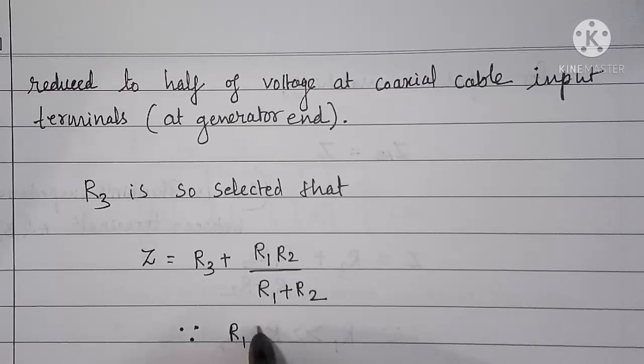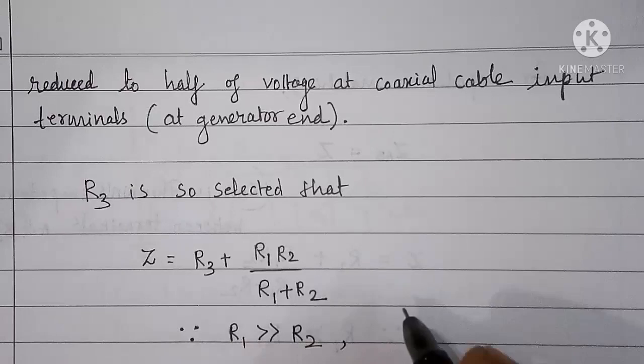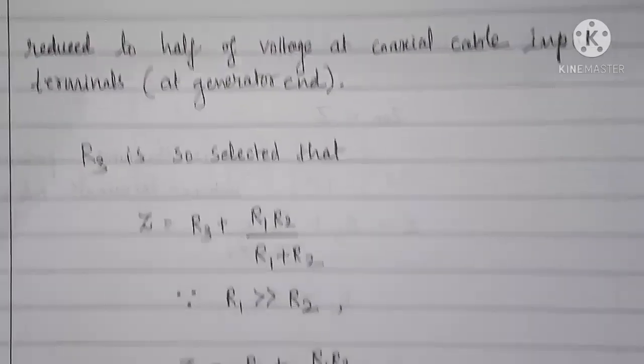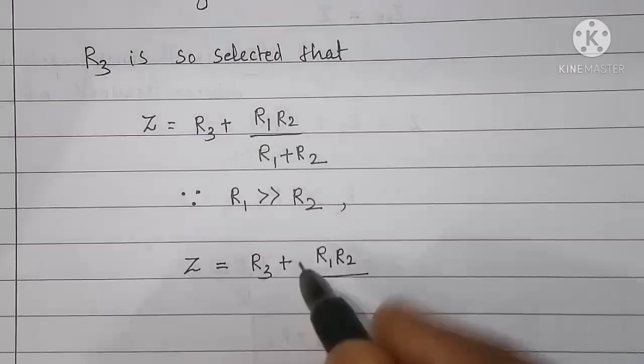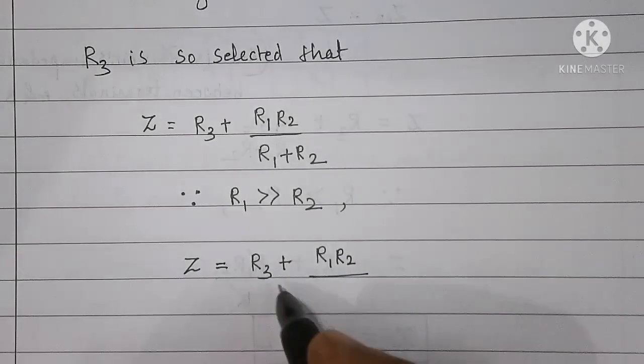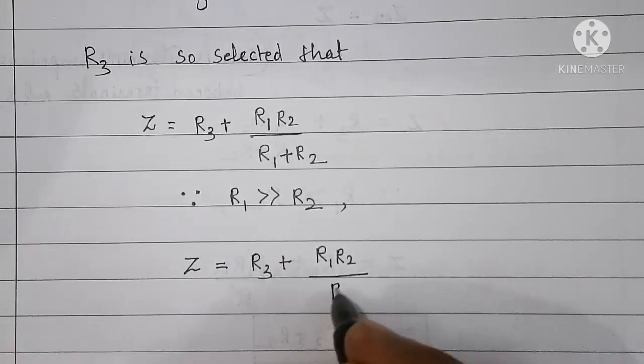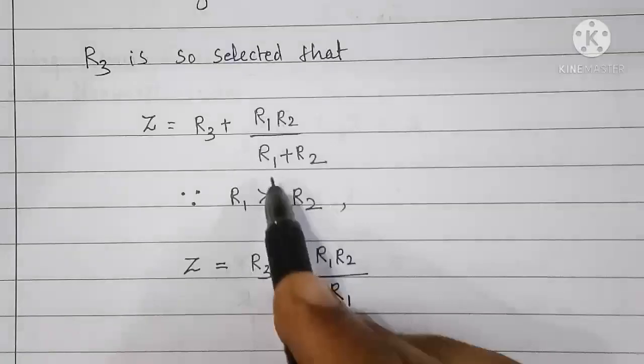Since R1 is much larger than R2, Z becomes equal to R3 plus R1 R2 divided by R1.